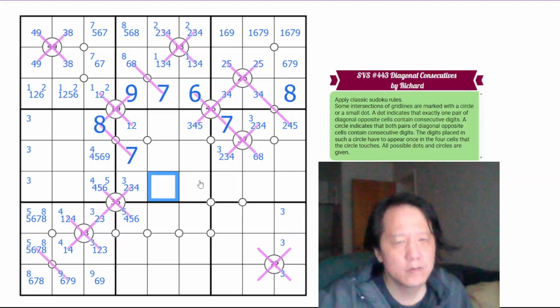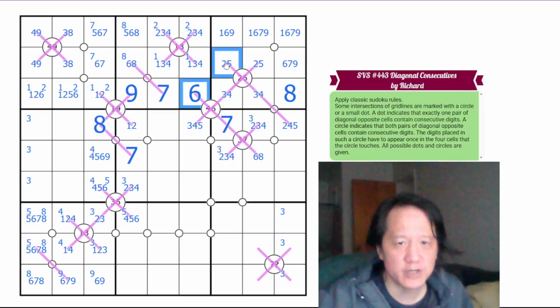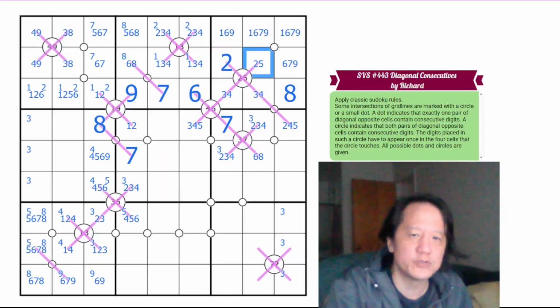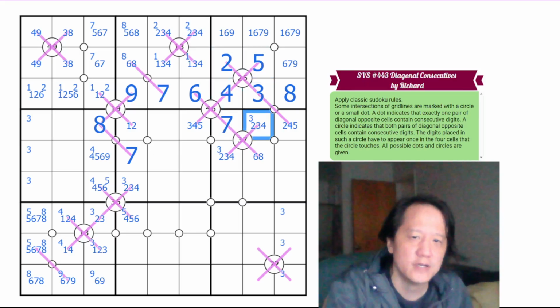This is 6, and if this was 5, this would have to be consecutive here, and there would have to be a dot in between, or a circle. So this cannot be 5. This is 2, which makes this 5. 5 is consecutive with 4, so that's 2 and 3.